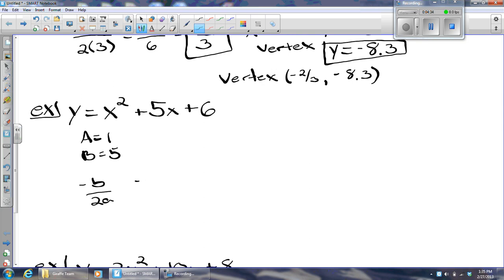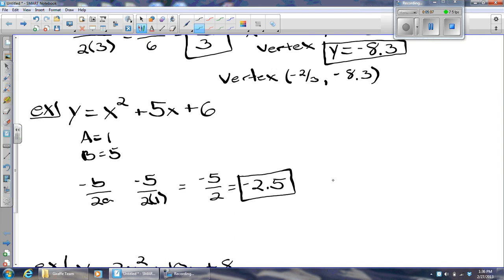So now we have negative 5 over 2 times 1. Negative 5 over 2, which simplifies to negative 2.5. So negative 2.5 is our x-coordinate for the vertex.